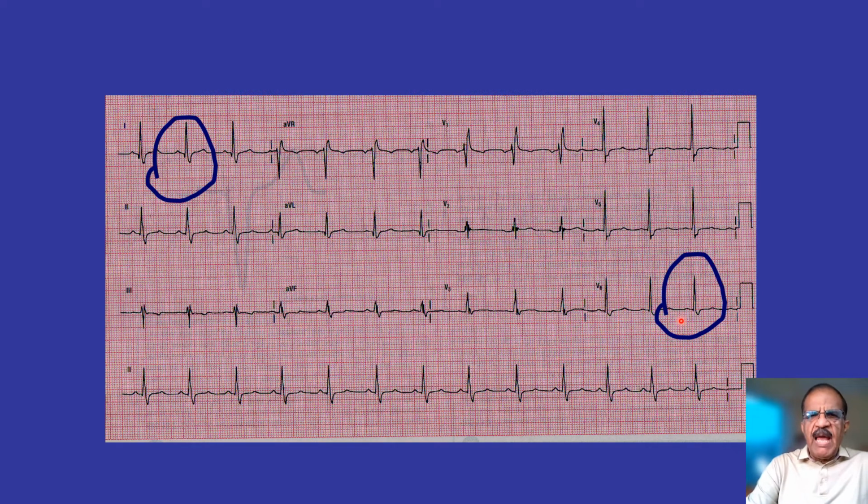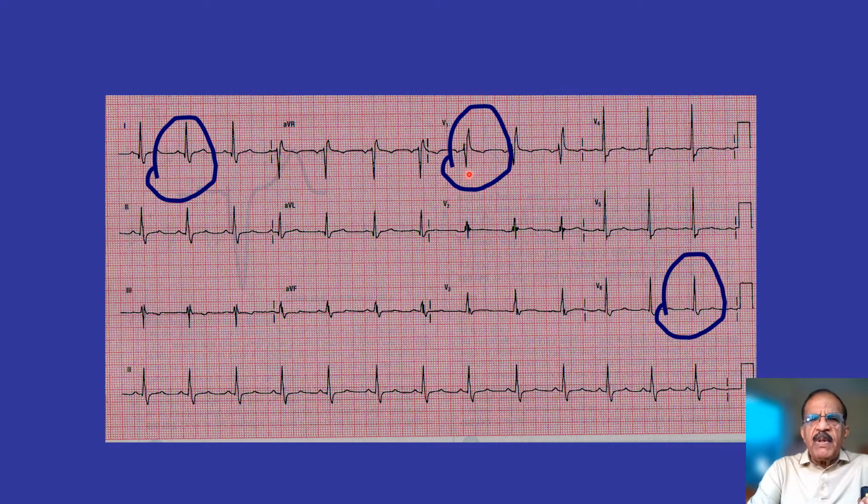Now let's see what is happening on the right side. This is V1, the right sided lead, and you see here again the complex is wide, but there is an additional R wave. What is an additional R wave? By definition, in a QRS complex, the first upward deflection is the R wave, and we have a first upward deflection here, but then there is an S wave.